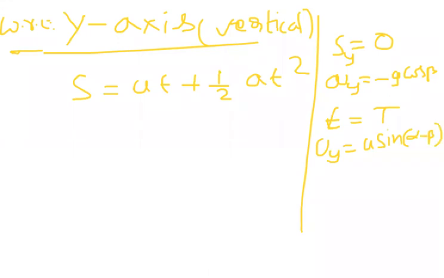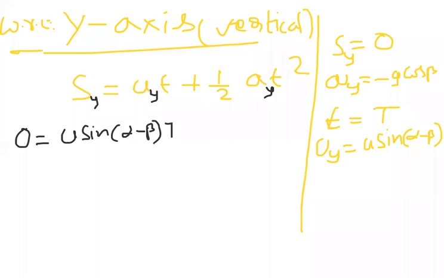So what can we write? 0 is equal to uy, here taking ay, u sine of alpha minus beta, total time taken for the journey capital T, and ay is minus g cos beta into T square. So this is 0.